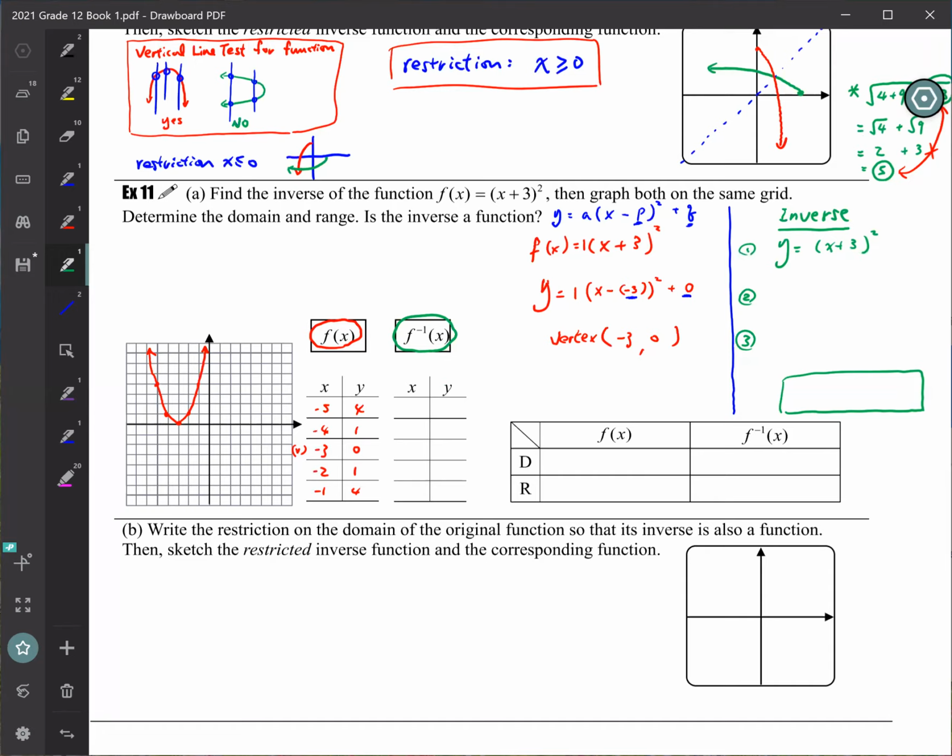Step 2, switch x and y. I'll do that. Step 3, you need to isolate the y.